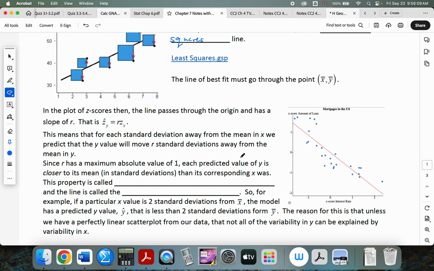Because we're multiplying times r, which is always less than 1, it's going to make that smaller. So it's going to be fewer standard deviations. Okay, this property is called something that, if you've ever watched much in the way of sports, you've heard: regression to the mean.